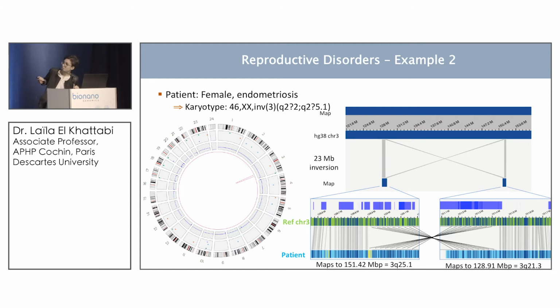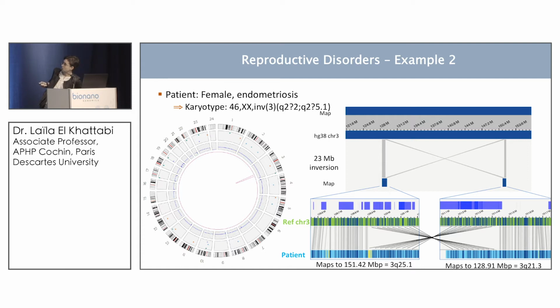On the left, the circus plot shows something going on in chromosome 3. And here you have a zoom out on this region. This is the reference chromosome 3, and you have these 2 maps of our patient that map on either side, which correspond to the fusion points of the inversion.